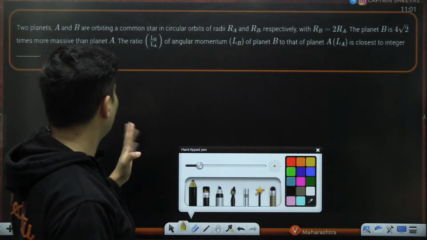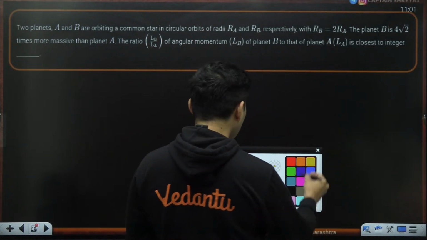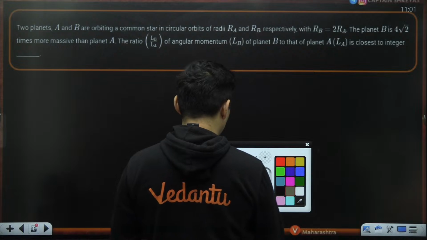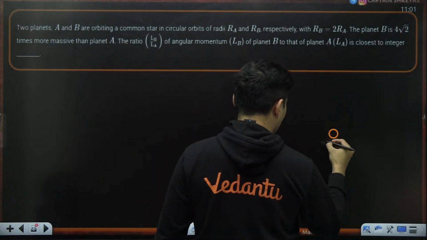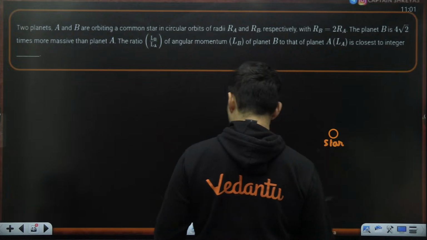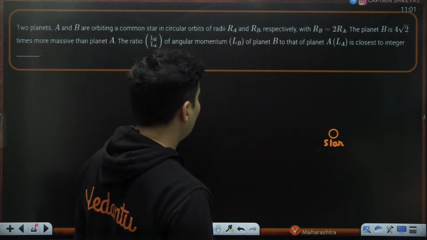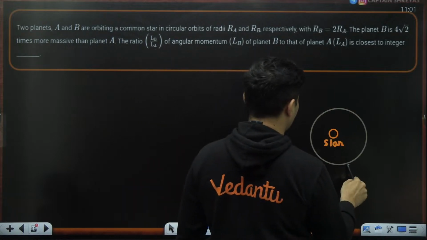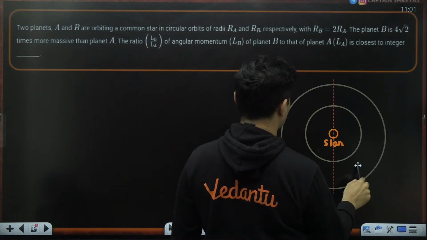So let's do this. Two planets are orbiting a common star. Let's draw the diagram first of all. Let's say this is your common star, and they are orbiting with two different radii. One is over here and one is like this.